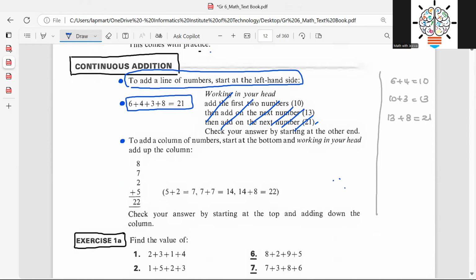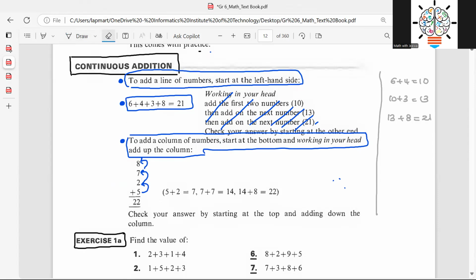If you want to add a column of numbers, always you want to start at the bottom and, working in your head, add up the column. It's like this. I will show you: this time you start from the bottom. 5 plus 2, 7. 7 plus 7, 14. 14 plus 8, 22.